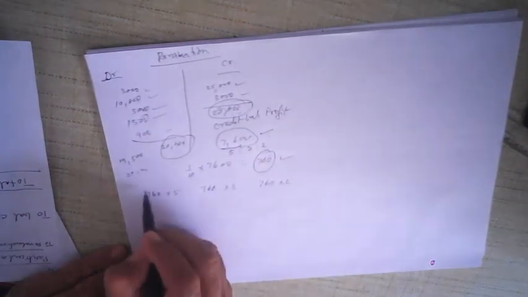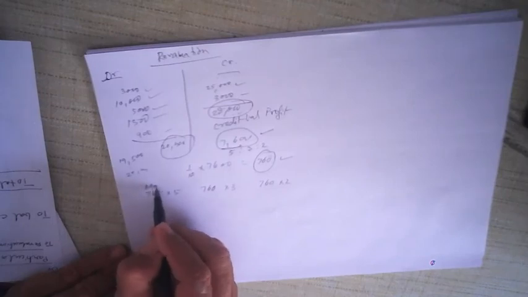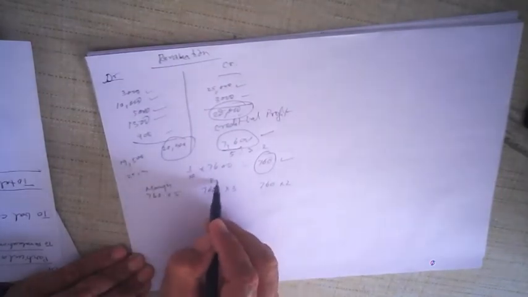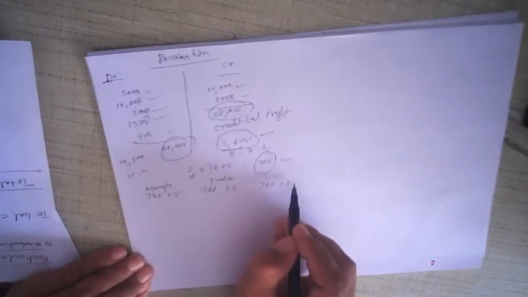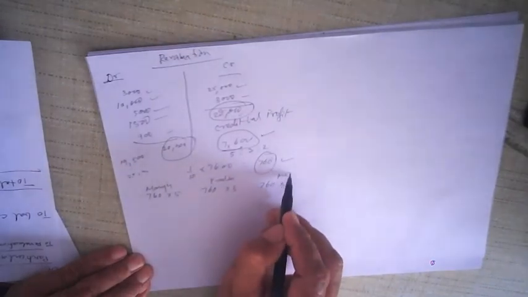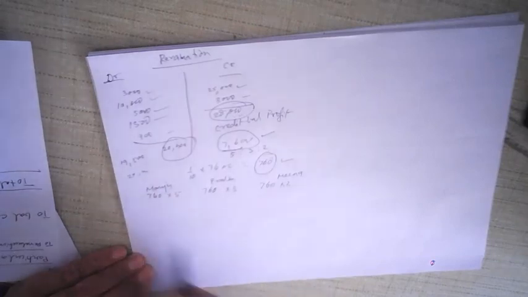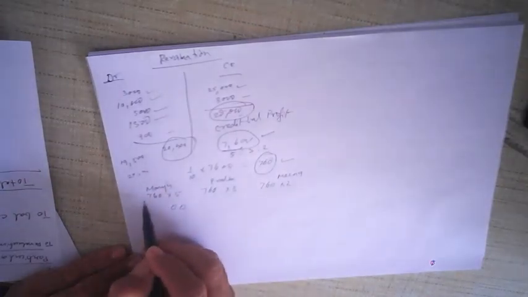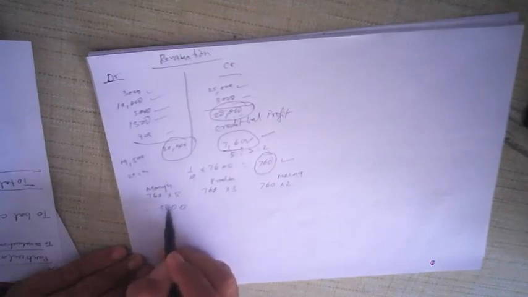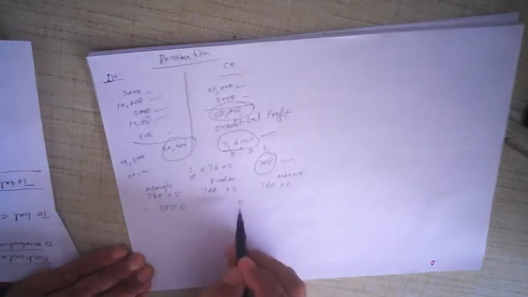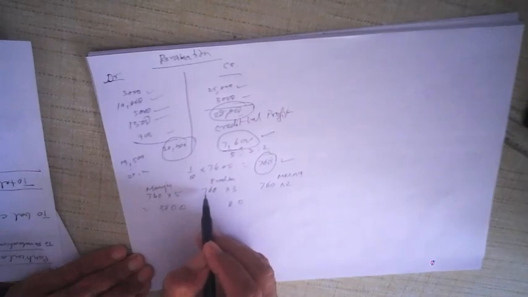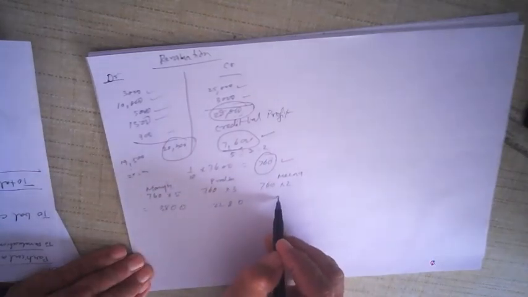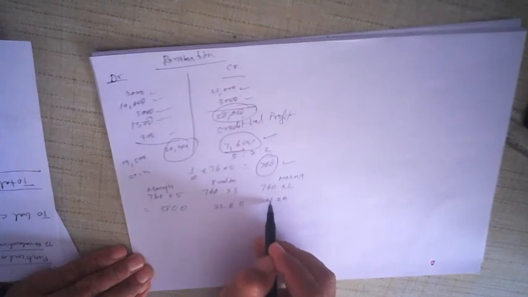Manju is the first one, the second one is Prabha, and finally there is Meena, who will get 760 into 2. If you multiply, 6 fives are 30, 5 sevens are 35 and 3 is 38, that is 3,800. Then 2,280 and 1,520.